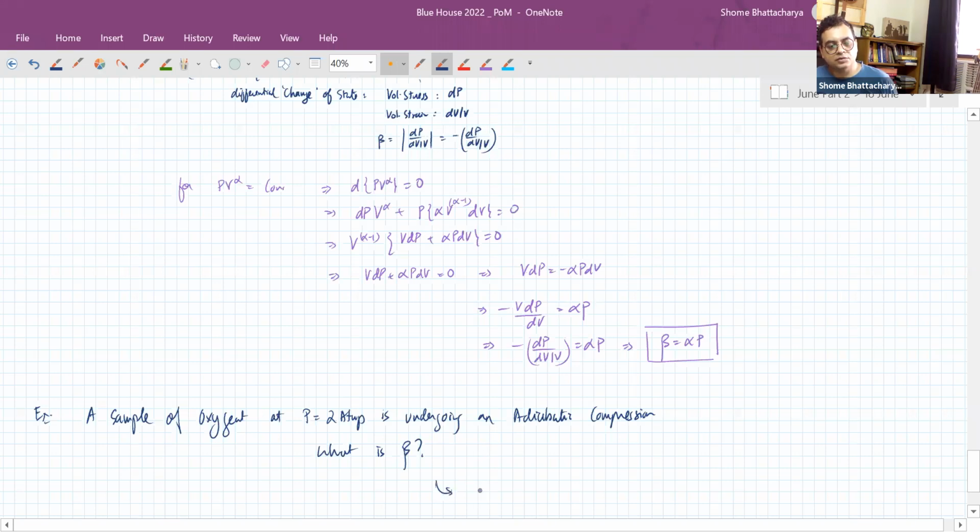The bulk's modulus will become, in this case, gamma P, where gamma for oxygen, which is diatomic, is Cp by Cv, so 7 by 5, into this pressure, which is 2 atmospheres.